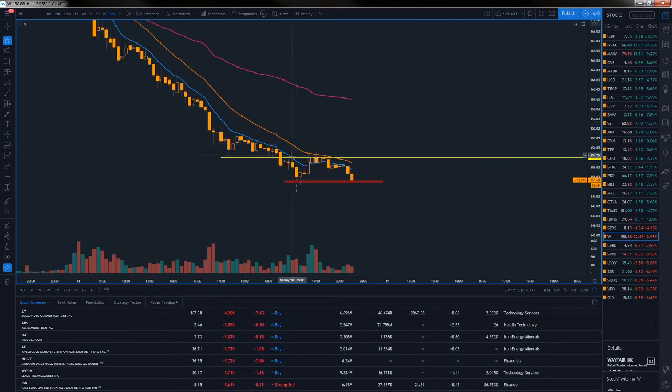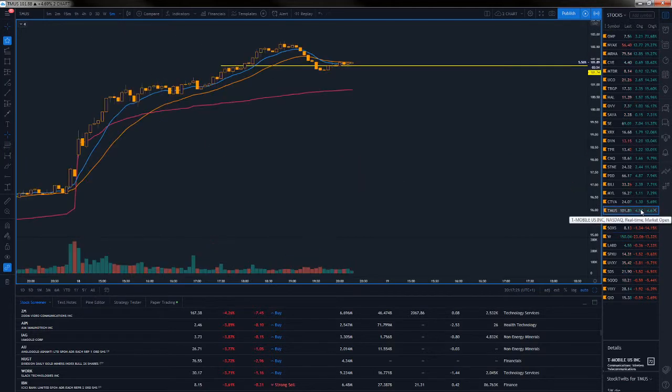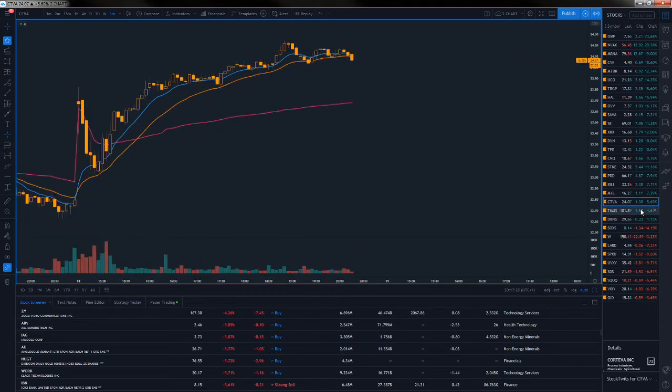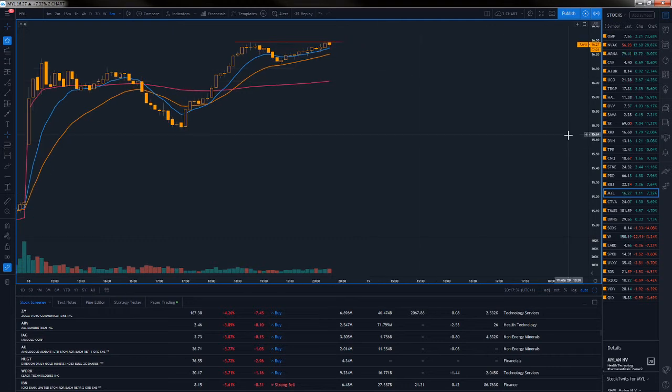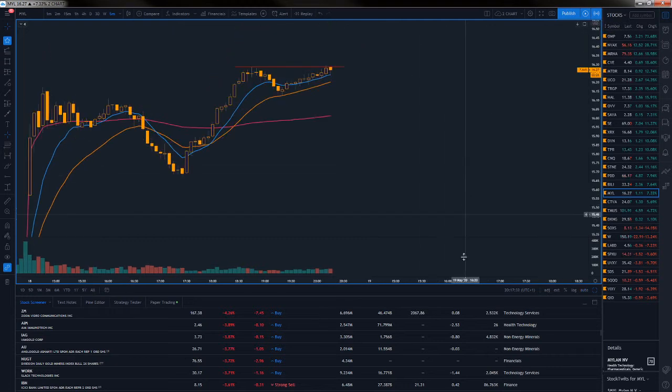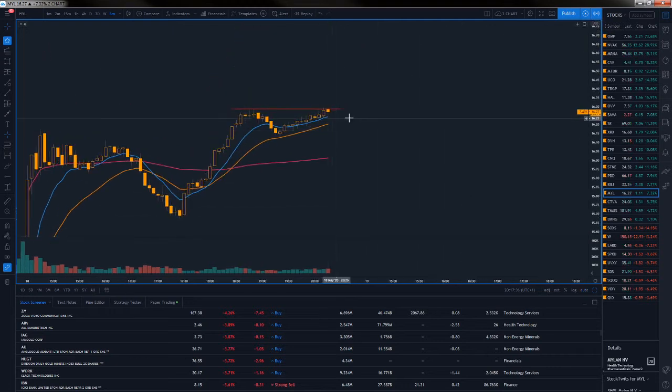So instead of putting a stop close and tight like this, which you would have got stopped on, you just put it above that last little swing. That looks alright, but you just had this extended run up, and you would want that to base for about 15 minutes.